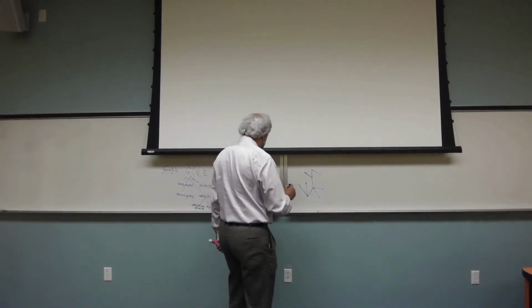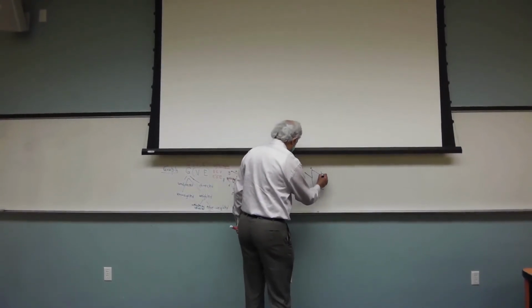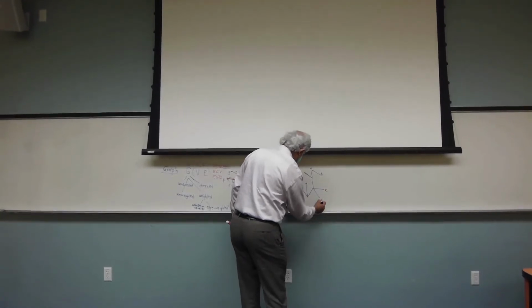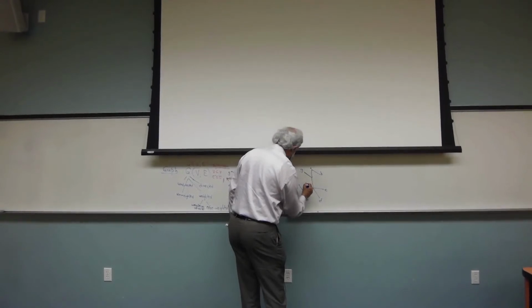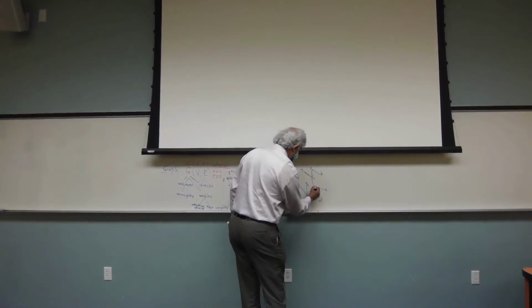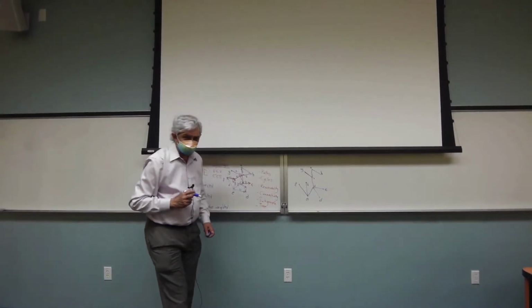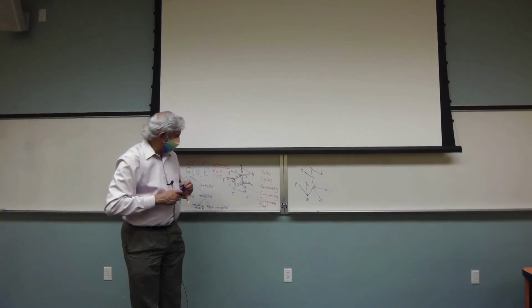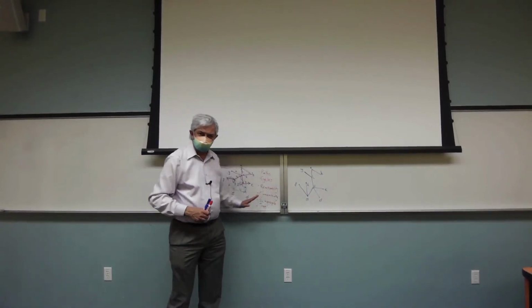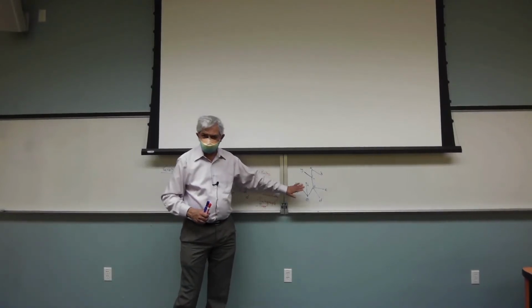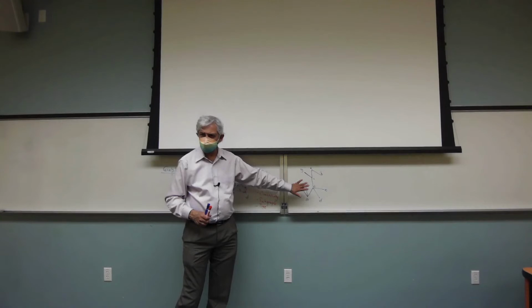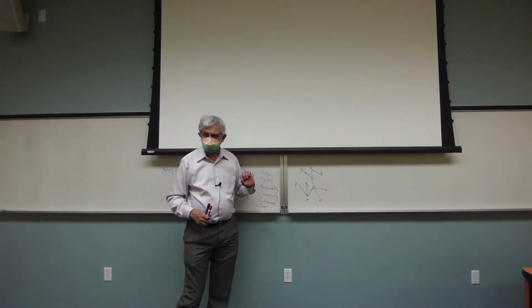So I would have A, B, C. Okay. So that graph here is a subgraph of this graph. It's connected because everything is reachable from everything else. And it has no cycles, therefore this here is a tree.